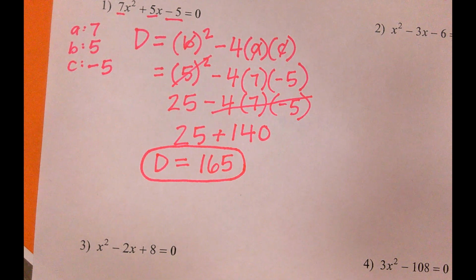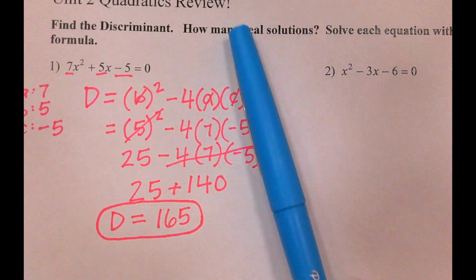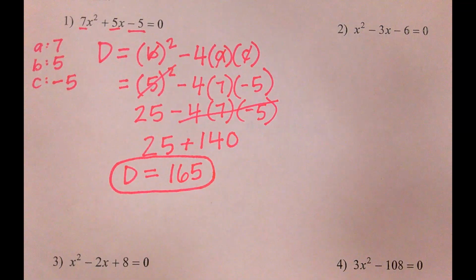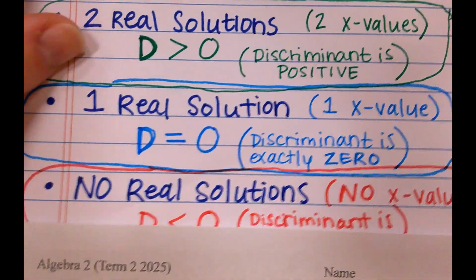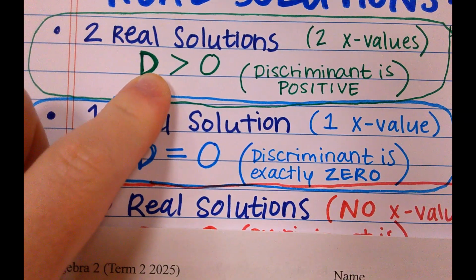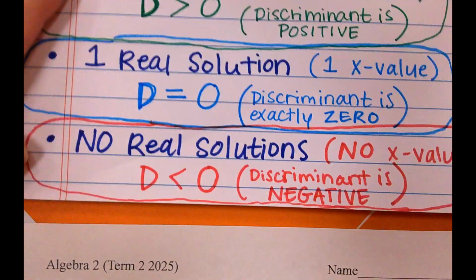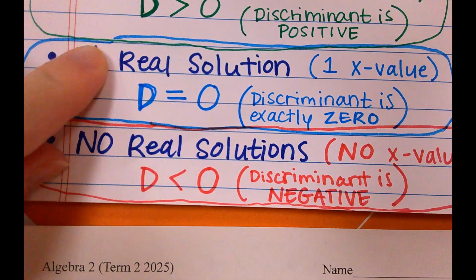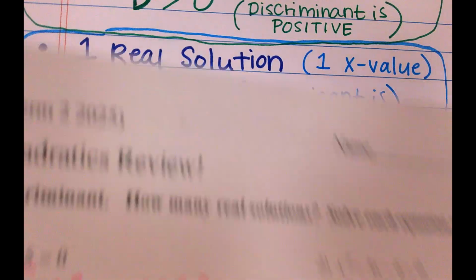Now we have to ask ourselves, how many real solutions? We can look at our note page that we just took. It says if the discriminant is greater than 0, or positive, there's 2 real solutions. If it's 0, there's 1. If it's negative, or less than 0, there's no solutions.